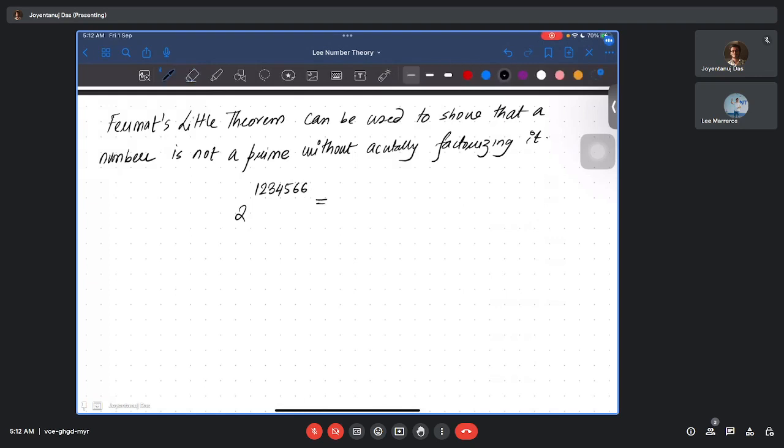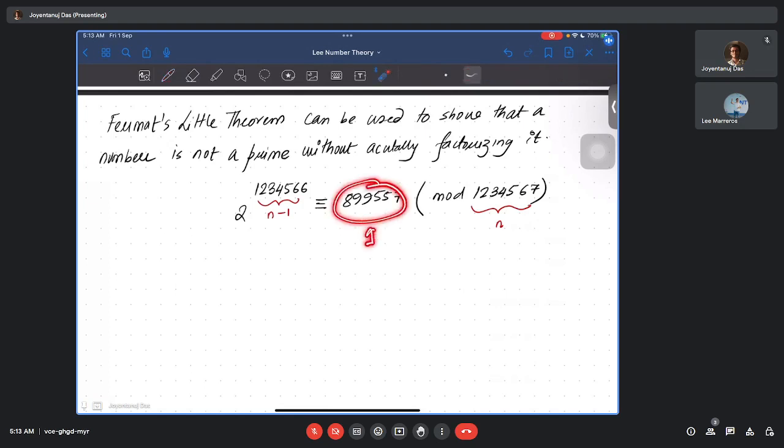This is actually congruent to 899557 in modulo 1234567. And here you can check that this is nothing but n minus 1, right? So if n was prime, then this quantity should have been 1, right?